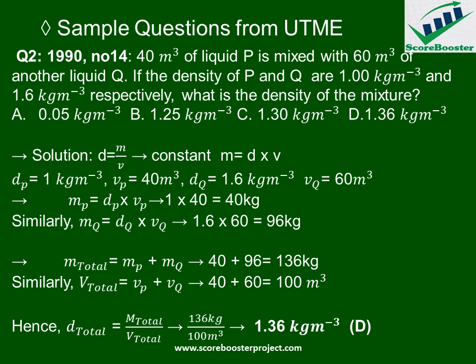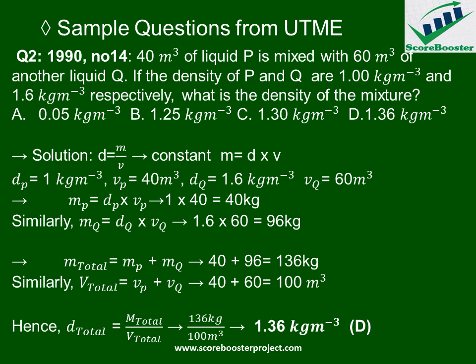Similarly, we can find the total volume represented by phi total to be phi P plus phi Q. The phi P, the volume of liquid P, is 40 meter cube plus the volume of liquid Q, which is 60 meter cube. That will give us 100 meter cube.